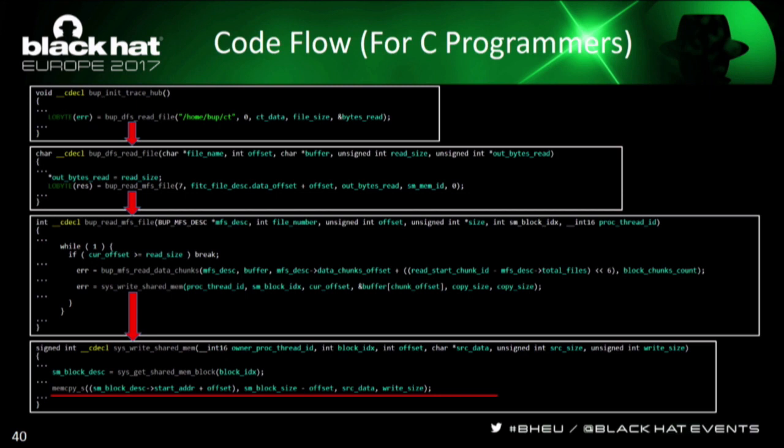Wait, why does BUP use a shared memory? It doesn't need shared memory. It is only a single processor running at that time. It uses only local buffers. The only possible answer for this question is that BUP duplicates functionality of another module, probably storage or VFS.